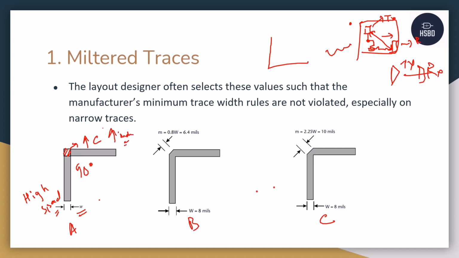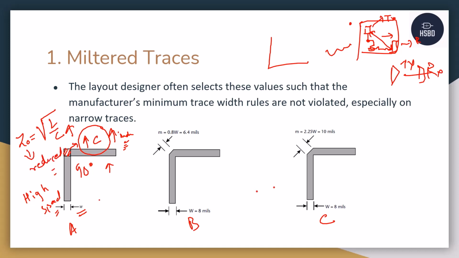The capacitance effect will be much higher than the inductive effect. If we go to the basics, the formula of impedance is square root of L by C. So if the capacitance goes high, the impedance will definitely reduce.